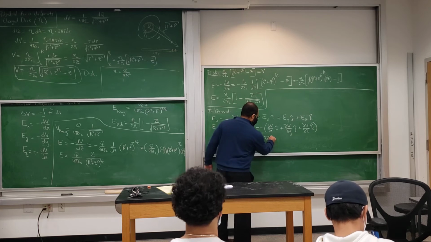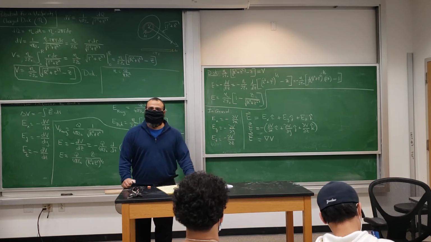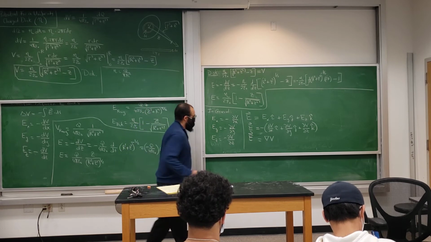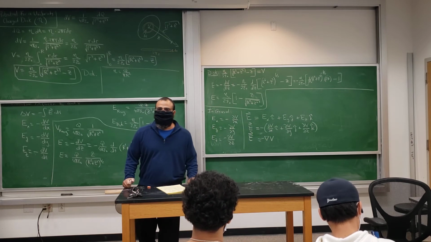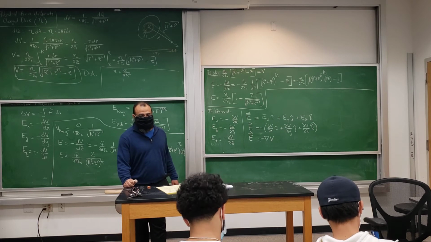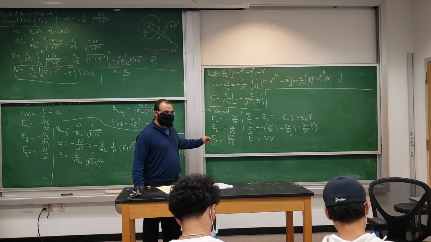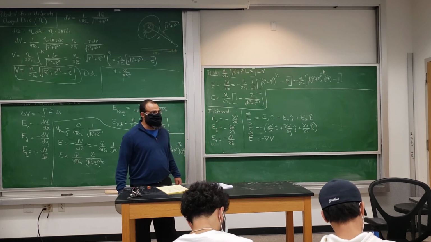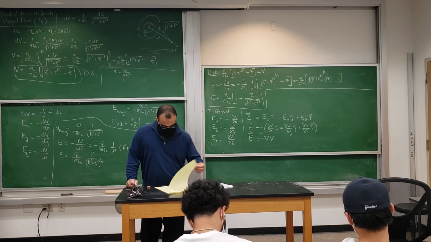So the electric field is negative the gradient of V. This is if your electric field has x, y, and z. So you can construct the function for the electric potential that depends on x, y, and z, and you just have to take its partials. Okay.